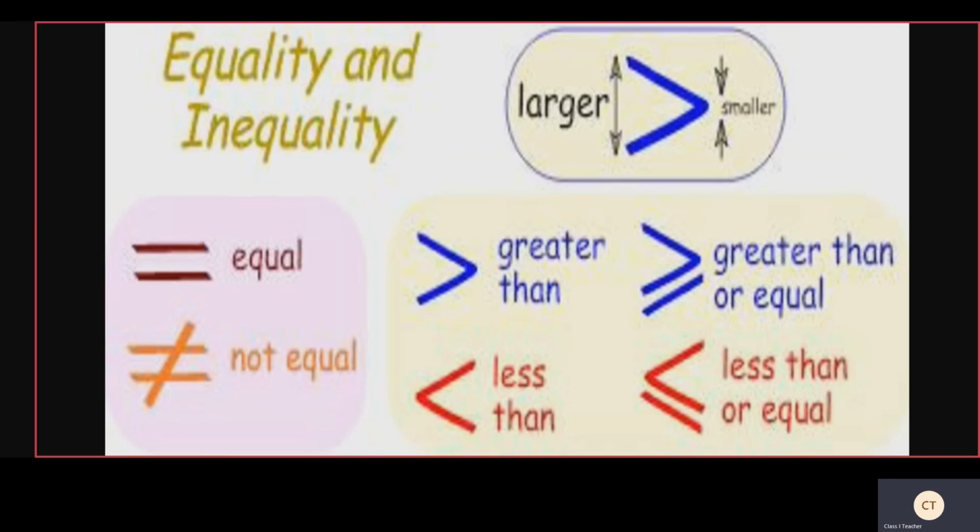Look at this symbol, children, greater than symbol. And down, less than symbol. And again, greater than or equal. See the symbols. Greater than or equal. And down one, less than or equal. Did you understand, children?